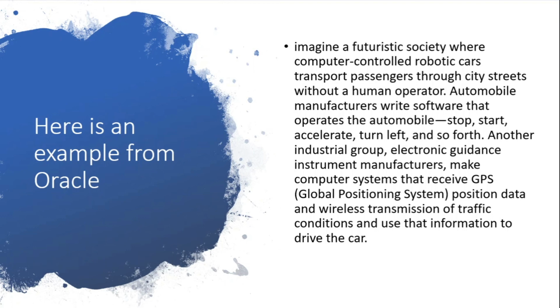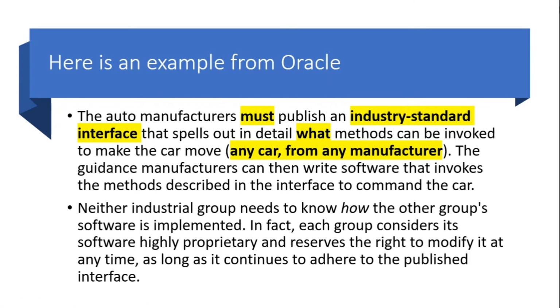Let me just go ahead and talk about another example. Let's imagine you have a network company and you want to come up with a new product, routers and switches, and all the other devices that a network needs.